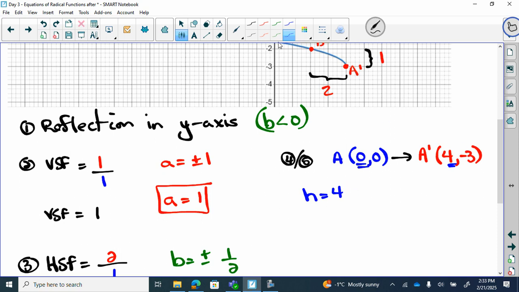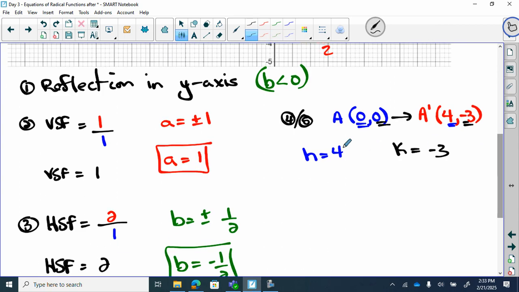H would be 4. What's the K value? Minus 3. When it comes to writing the equation, H is 4, K is negative 3.